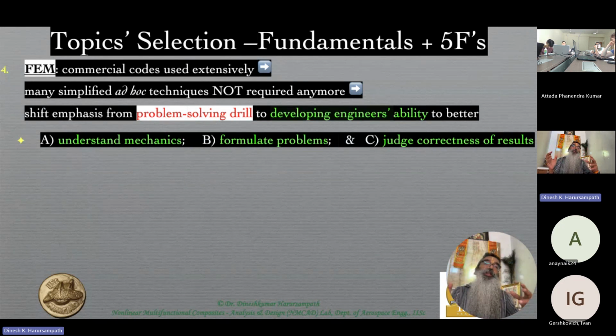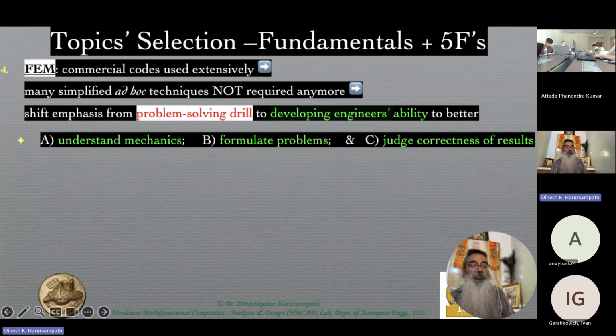Let's say Boeing will have its own user subroutines and UMATs to work with a particular software, let's say Abaqus, that it is using. Similarly, the other companies as well, right? With different software. And there's also a lot of portability in terms of the kind of freedom that is allowed in user subroutines in different packages.